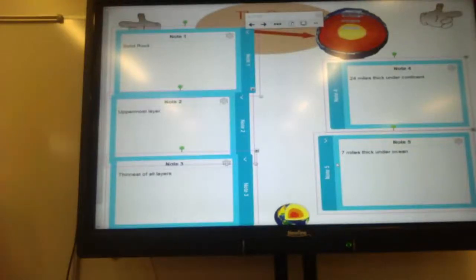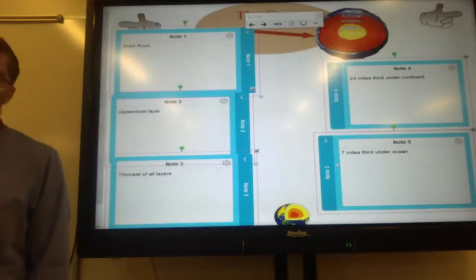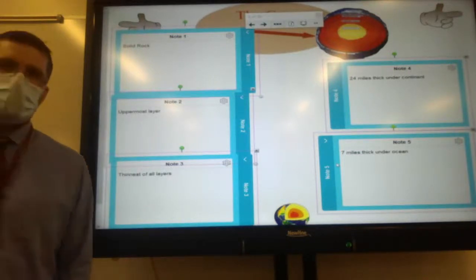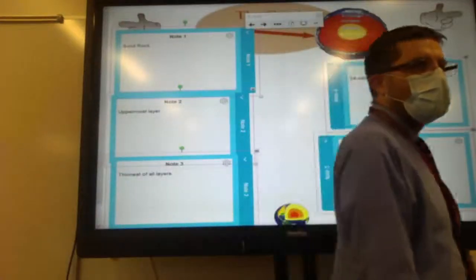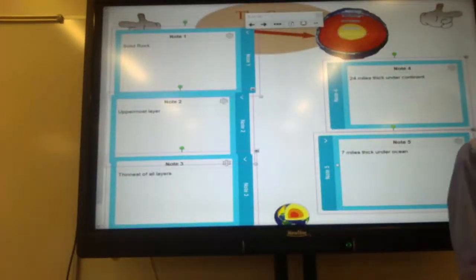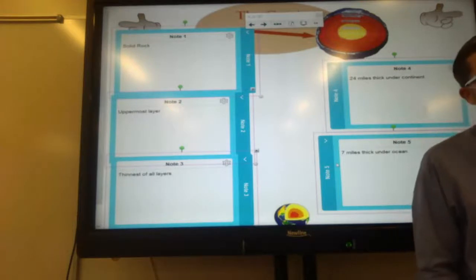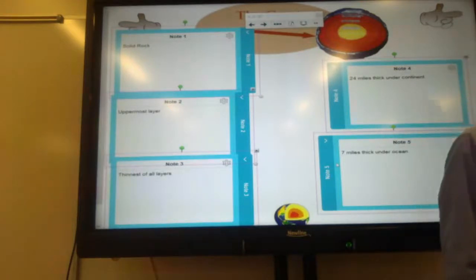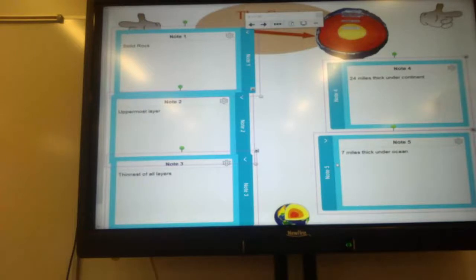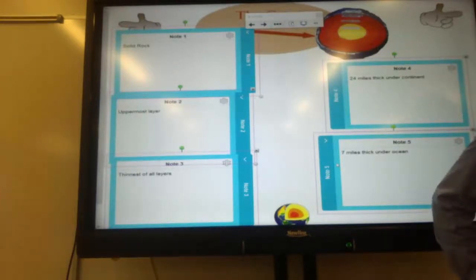Did you get all this down or no? Did you also complete the Google form from yesterday? The Google form. The exit ticket. Yeah. Okay.